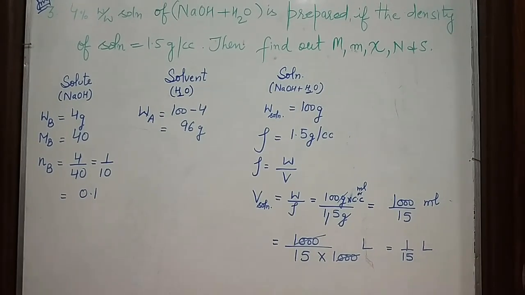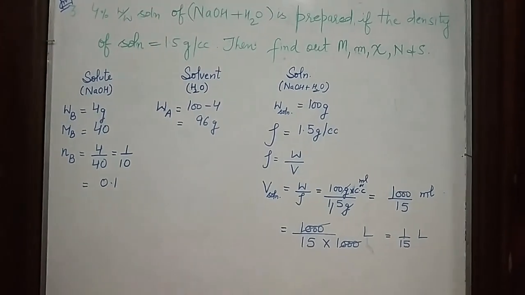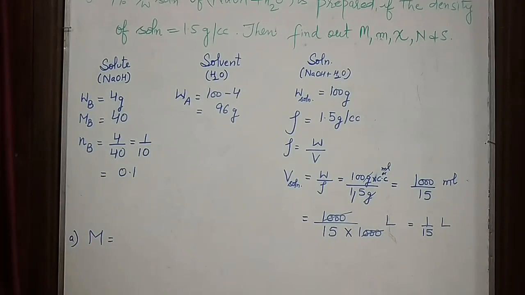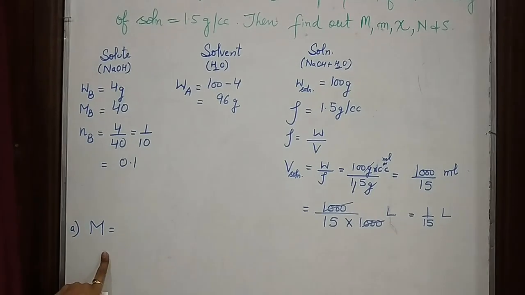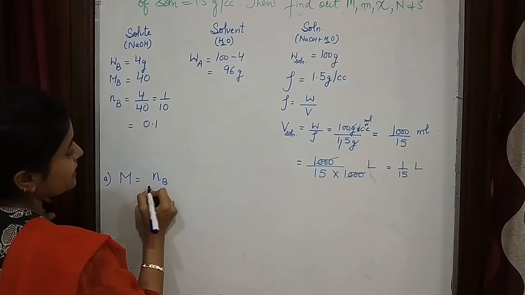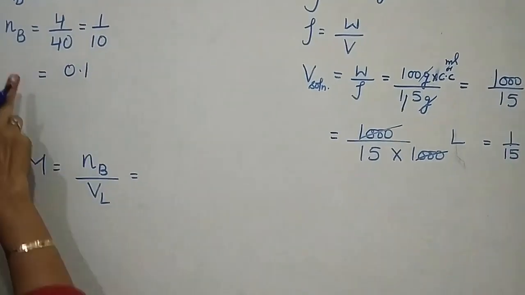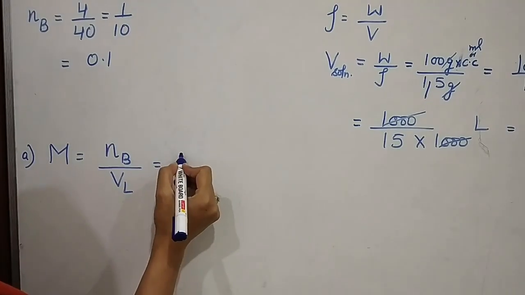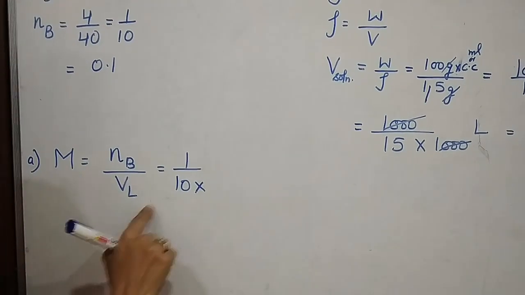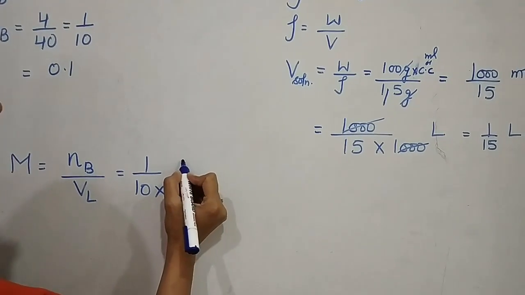Now, we have to find out molarity. Firstly, molarity. We know that molarity is number of moles of solute present per liter of solution. So number of moles of solute is 0.1, or you can write 1 by 10, into volume in liters, that is 1 by 15.